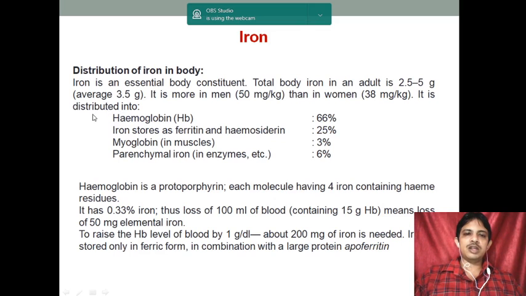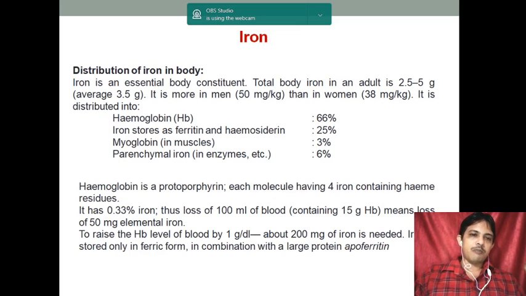Considering the total iron, about 66% is in the hemoglobin. Then about 25% of iron is stored as ferritin and hemosiderin.